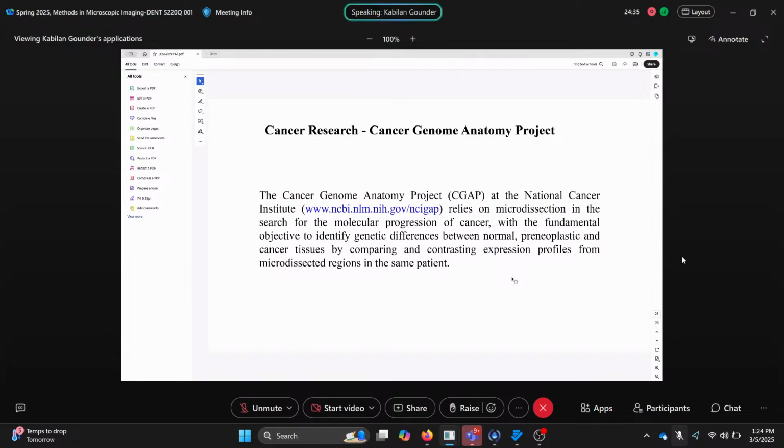So this is the application. With this technique, the Cancer Genome Anatomy Project at NIH relies on microdissection in the search for the molecular progression of cancers, with the fundamental objective to identify genetic differences between normal, pre-neoplastic, and cancer tissues by comparing and contrasting expression profiles from microdissected regions in the same patients.